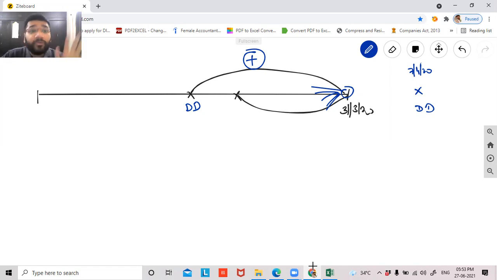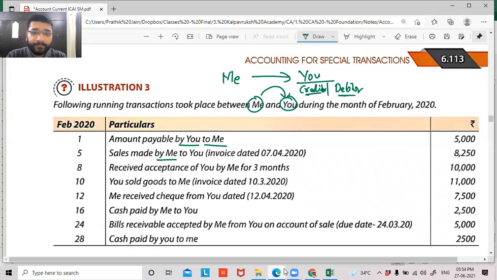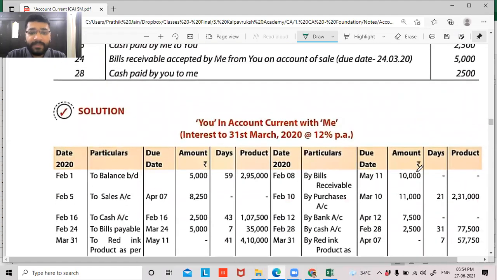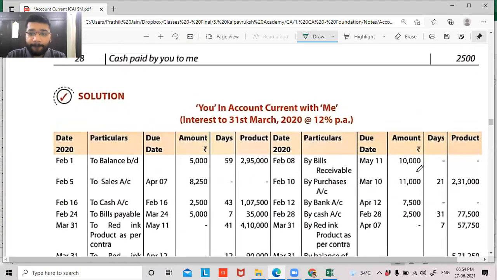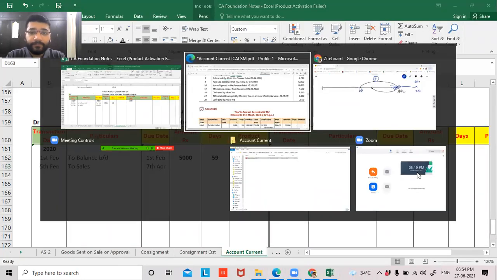So still you have to calculate the number of days between the two, guys. Please tell me from 31st March to 7th April, how many days? Should we include March 31st?